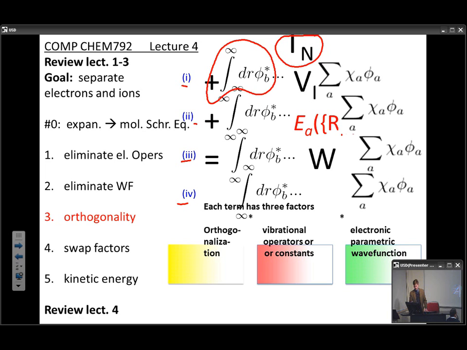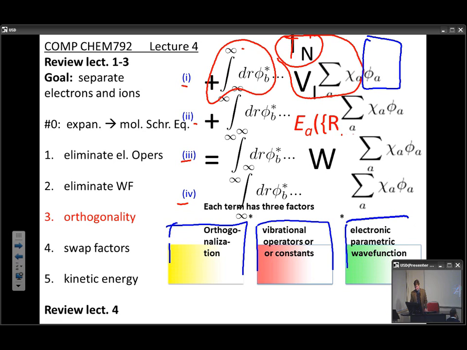So it has the orthogonalization part, it has the original operator, maybe some summation, and then on the right it has electronic wave functions that we are going to eliminate. So each of the terms follows the pattern of 3 factors.